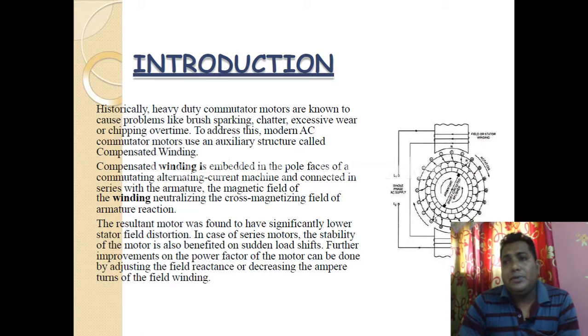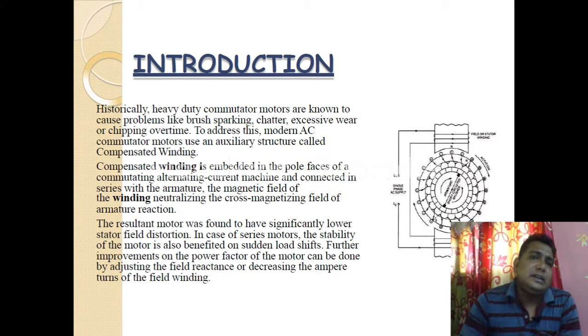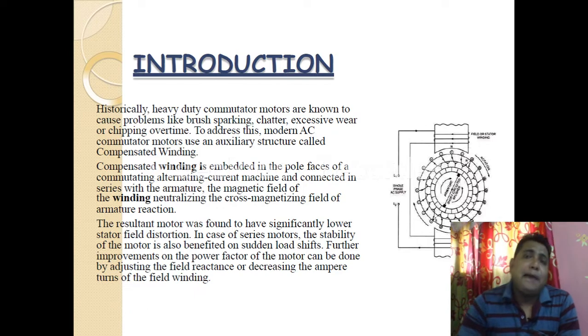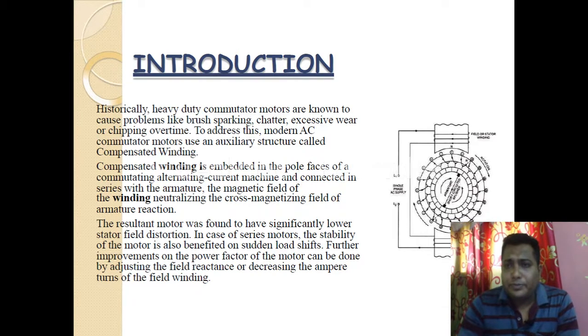Previously, when DC machines were mainly used, in a large machine the commutator is connected with the brush. If there is any gap between the commutator and brush, air will be present over there, and due to that there will be heavy sparking.